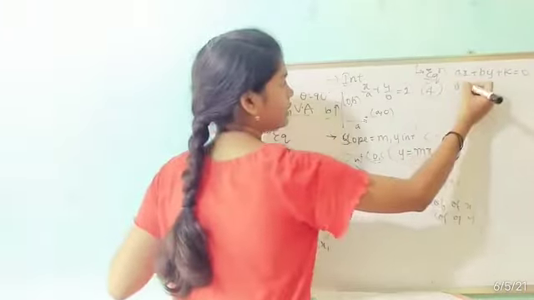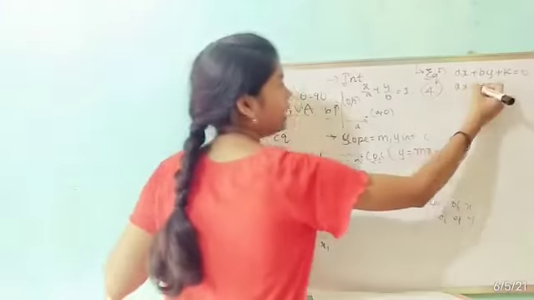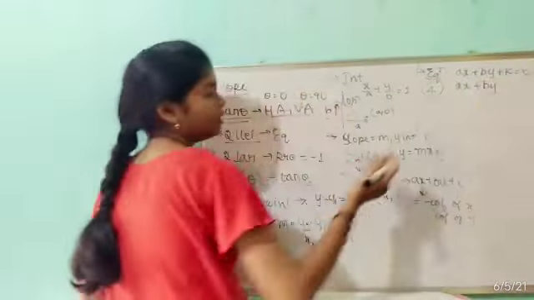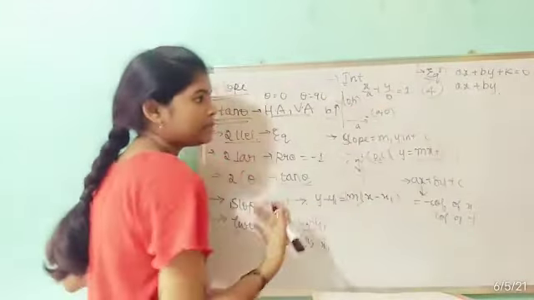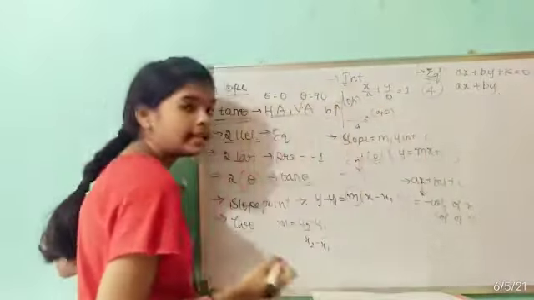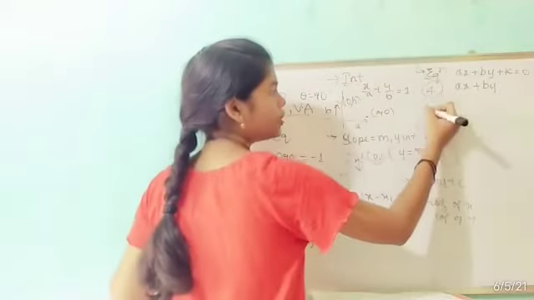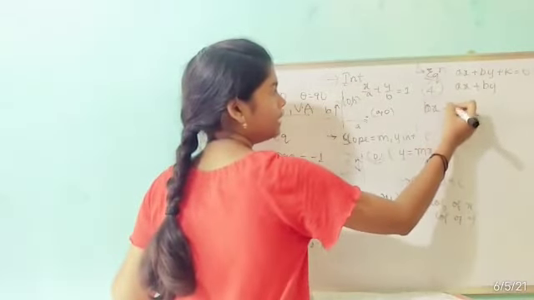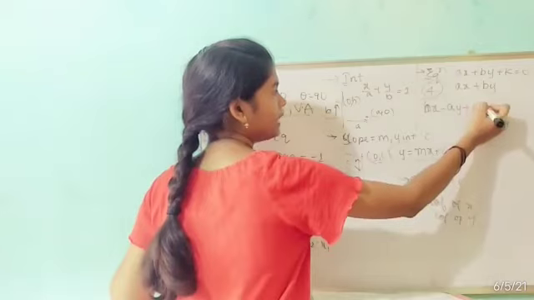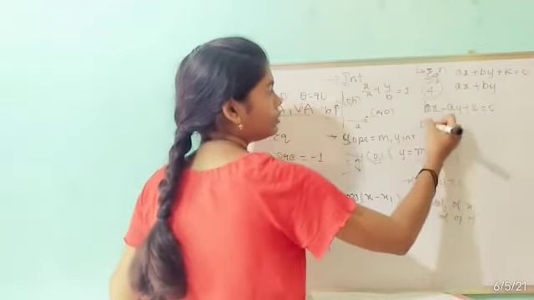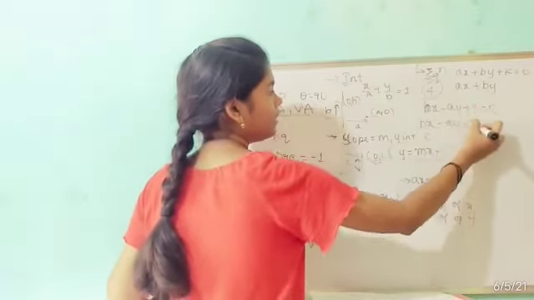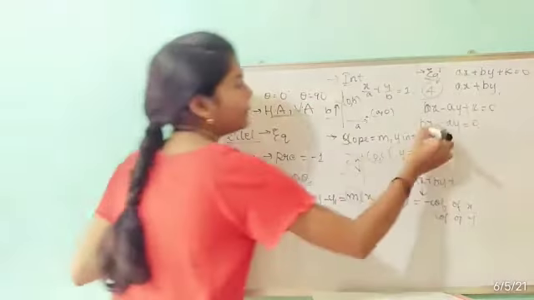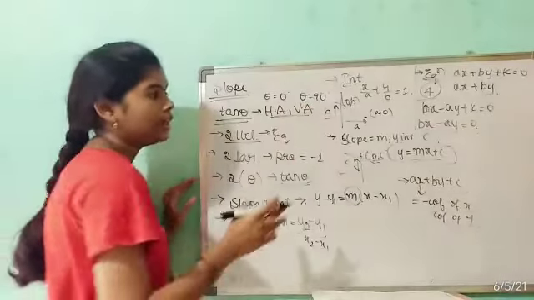After that, this is passing through x1 comma y1. If it is passing through the origin, then it will be simply ax plus by. These are for the parallel condition, and for the perpendicular condition, that will be bx minus ay plus ck is equal to 0, or through the origin it's bx minus ay is equal to 0. These are for the perpendicular condition. So these all we have learned.